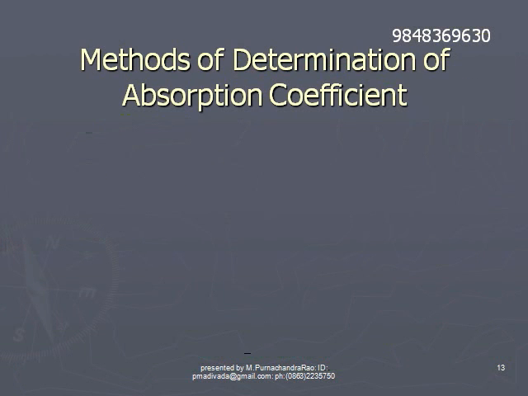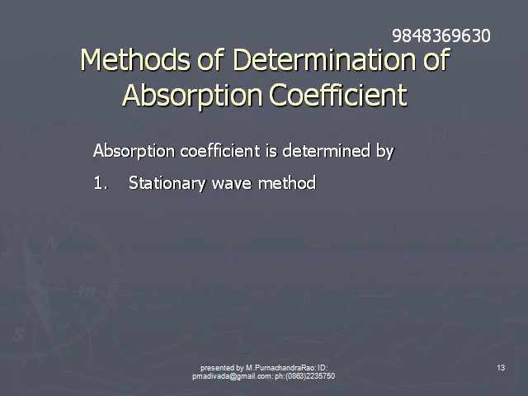Though different substances absorb sound, the degree of absorption will be different. So that will be measured with the absorption coefficient. Now let us pass on to the methods adopted in determining the absorption coefficient.